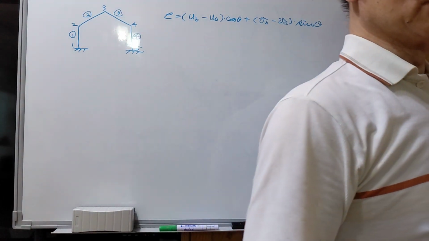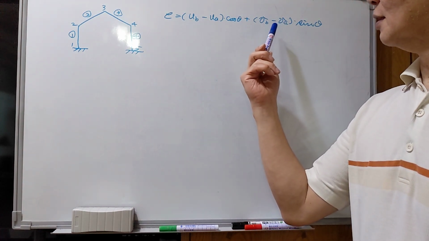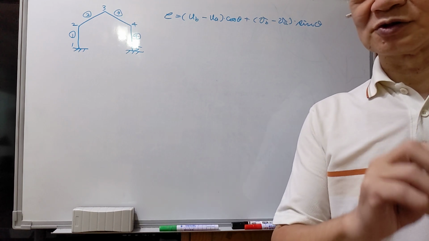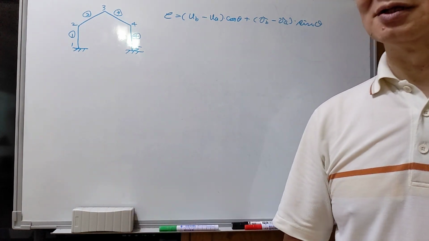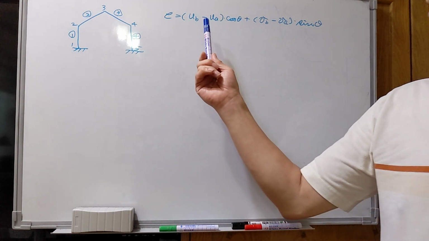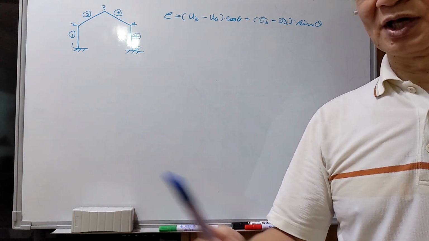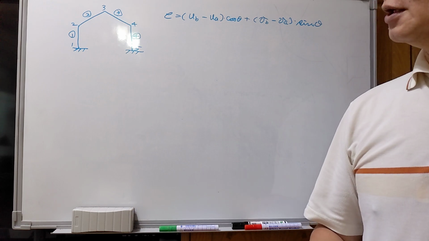So we can always use the nodal displacement at both ends. UA and VA, that's the displacement of the first nodal point. And UB and VB, that's the second nodal point. So we can always use the displacement components of the two endpoints to calculate the elongation of this element.